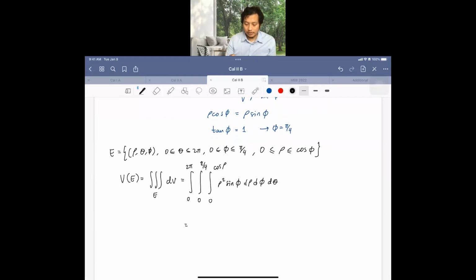Right, for the outside integral, because there's nothing inside for theta, you could just take 2 pi, and then this part for phi.